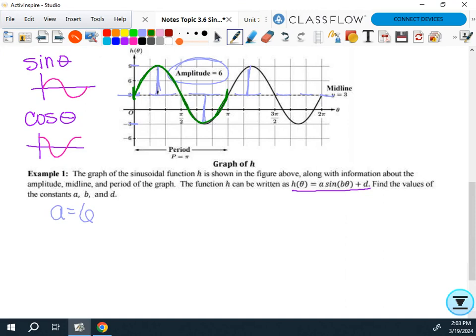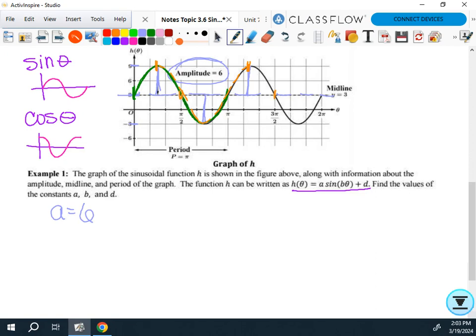Now, I also could start here and here and look at this as cosine, and my period is still pi. I don't think it's as easy to figure out, especially on this graph, because I'm not 100% sure where those points are without thinking a little harder. So it probably isn't the best, but it could be a cosine graph as well, right? But that is still pi. Or I could start here at pi halves and go to 3 pi halves, and that is still pi.